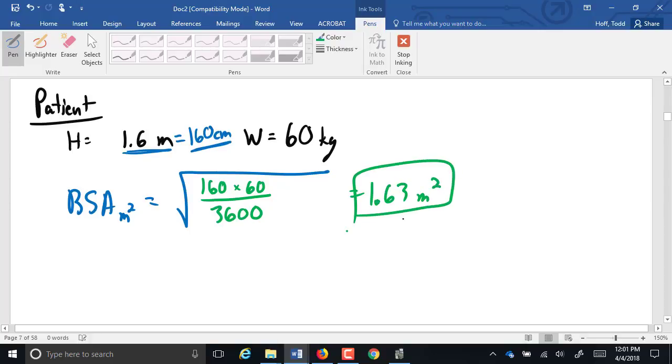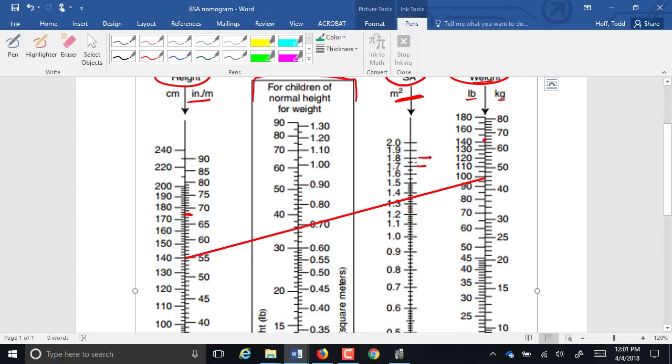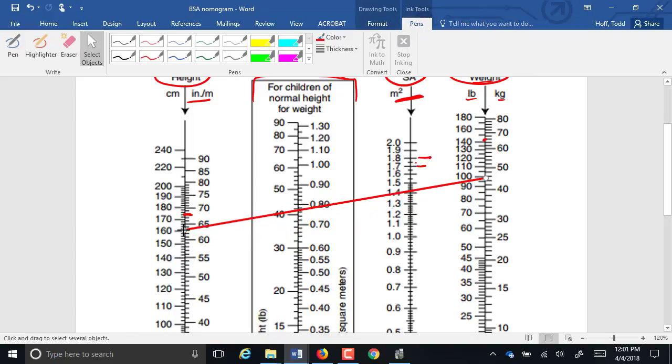Let's double check that one on the nomogram and see where the nomogram goes with us. Got 160 and 60. 160 here for the height. That's going to put us up right there, about. 60 kilograms is going to put us up somewhere in there. This lines up between 1.6 and 1.7, a little bit over halfway.